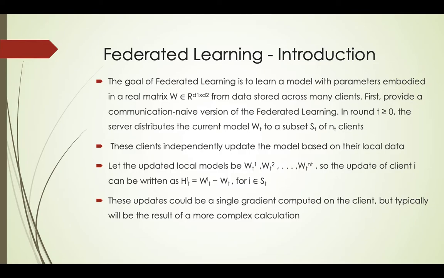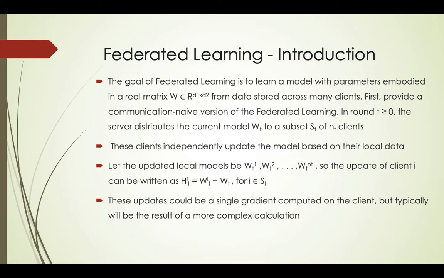The server distributes the current model Wt to a subset St of nt clients. These clients independently update the model based on their local data. Let the updated local models be W1t, W2t, etc. until Wntt.